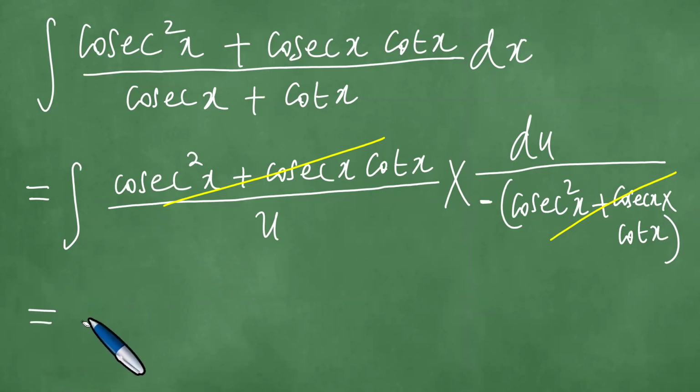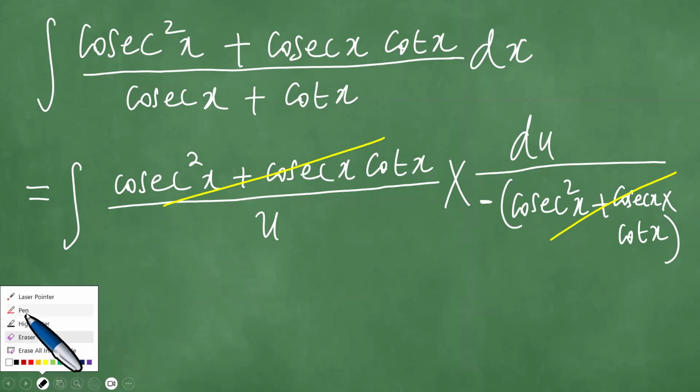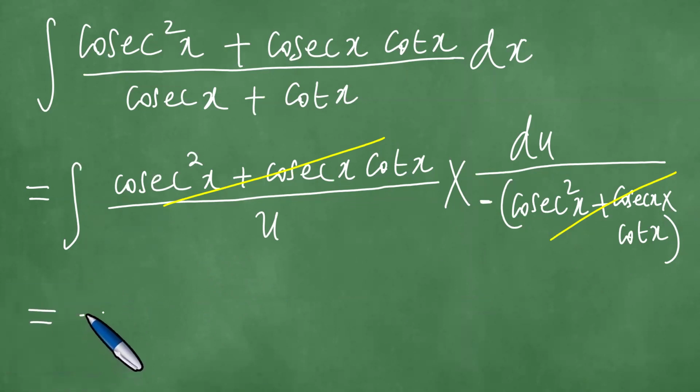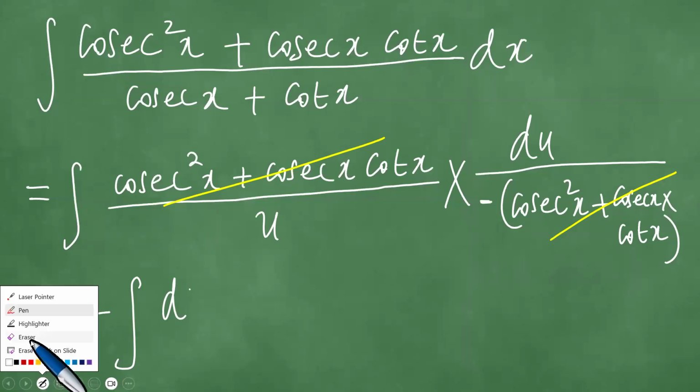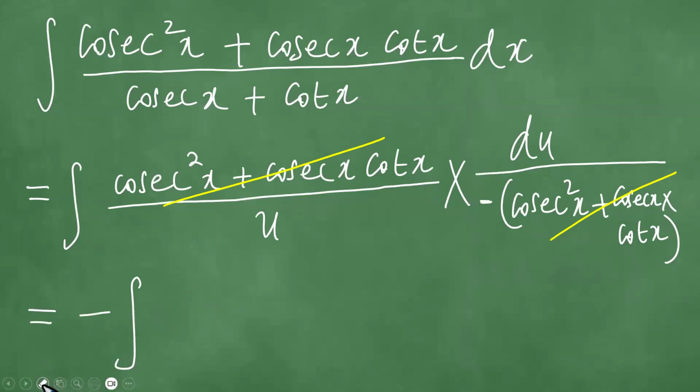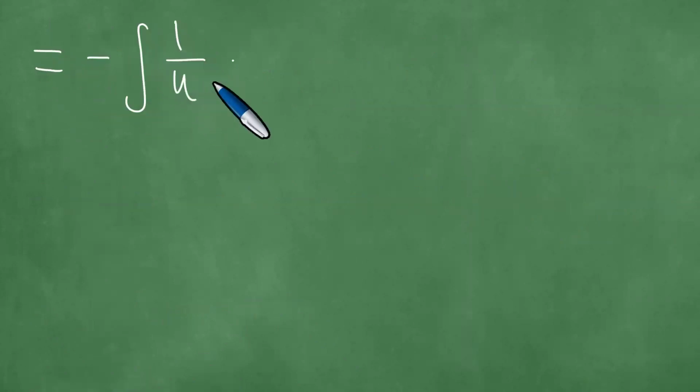And upon cancellation, we obtain what? Right, you can pull out the minus outside the integral sign because the negative can be pulled out as a constant, giving us 1 over u du. And then if you have minus the integral of 1 over u du, what is the integral of 1 over u?